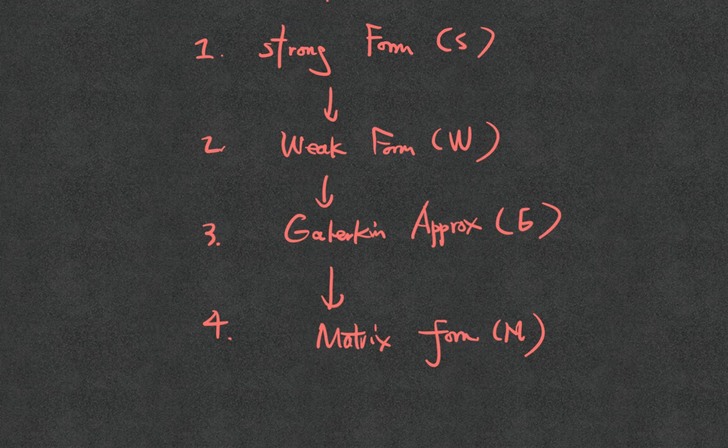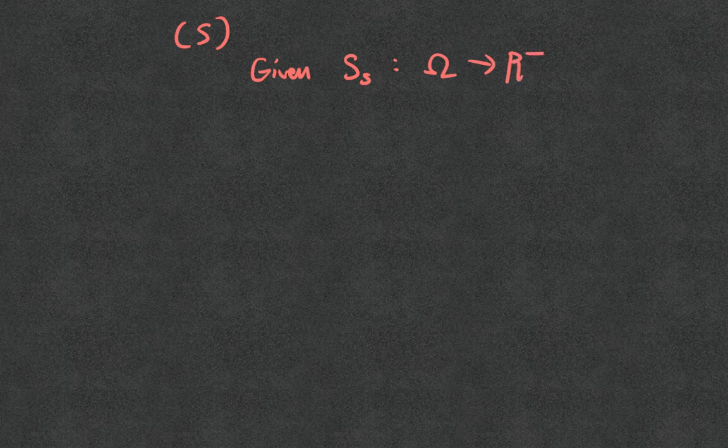So what the weak form means is that it's actually a statement that you may or may not be able to solve analytically, and basically it's saying that, given a specific storage S that is positive, so Omega maps into a positive real number, it means that S is a field that depends on the position vector.